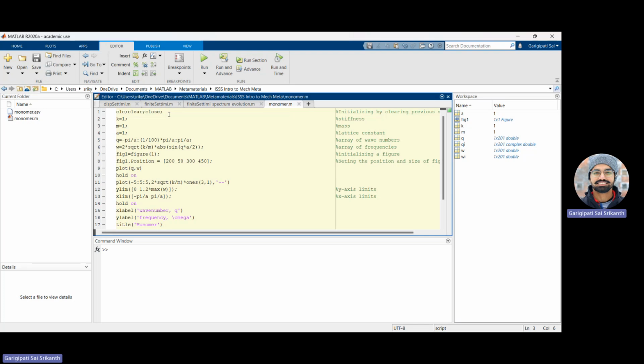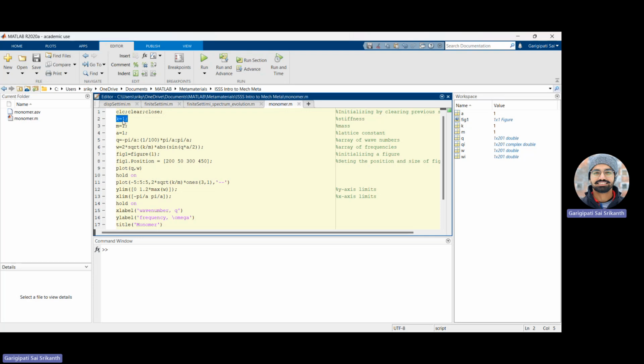Otherwise, if you have figures open, there may be data in that figure, and you may end up plotting over it. Your data might look cluttered, and you might be wondering why. This is important, just to ensure that any previous run does not interfere.